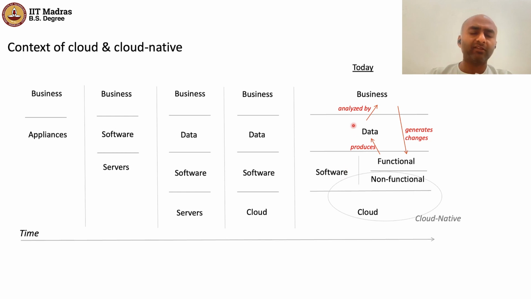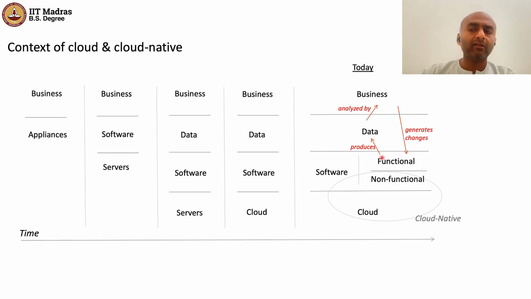That data is actually being analyzed by the business, and that analysis is producing newer changes to the software that is required. Like, for instance, let's assume I'm IRCTC. I have a specific way in which I do discounting, and as a result of the last 1 month of ticket booking that's happened, I've collected the data about the tickets.